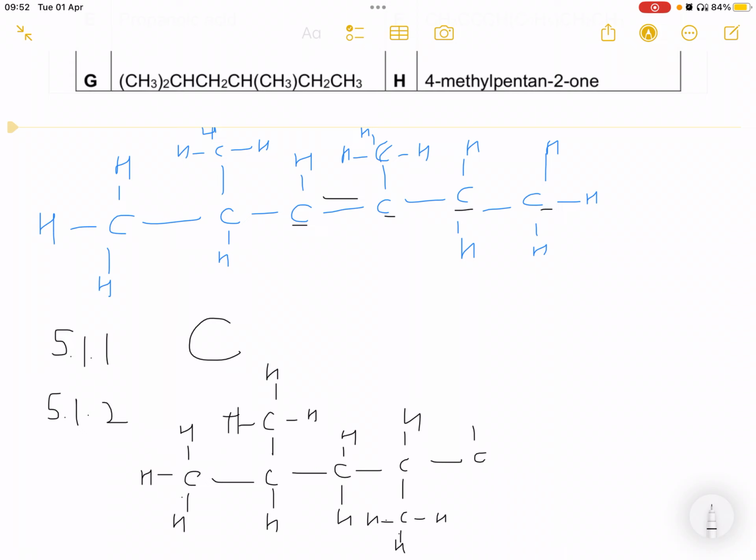Then there's a CH2 and a CH3. A saturated hydrocarbon is the one that has single bonds only. We can see here all the carbons are bonded to single bonds, and therefore the answer for 5.1.2 goes to G. Next question.